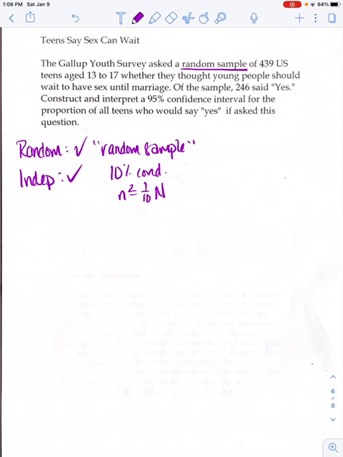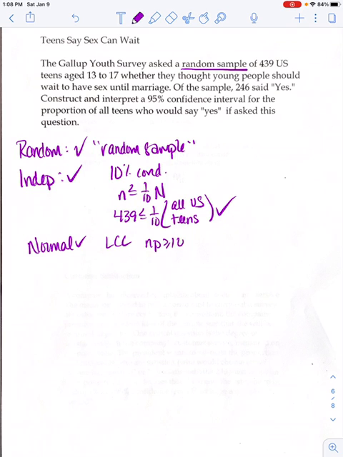And my sample was 439. All U.S. teens. Check. And I want to be normal. And that's the large counts condition. And n p hat and n q hat have to both be bigger than 10. They're going to have hats on them because this is sample information.